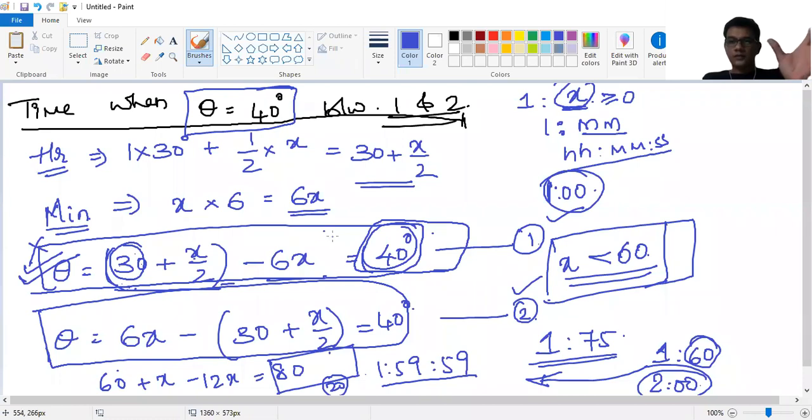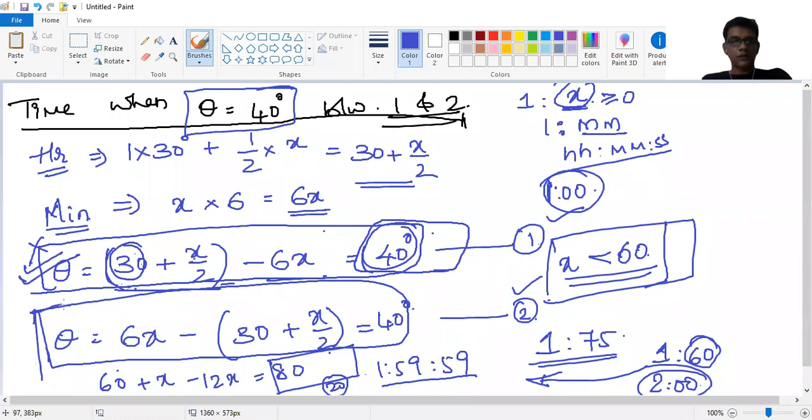These kinds of exceptions are very small compared to the large number of conditions that match. So 40 degrees in this case is an angle between 1 and 2 which doesn't happen.